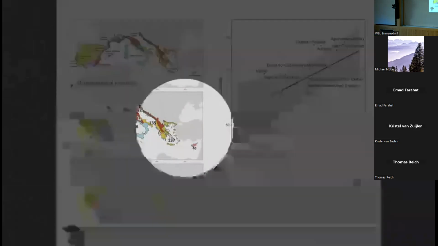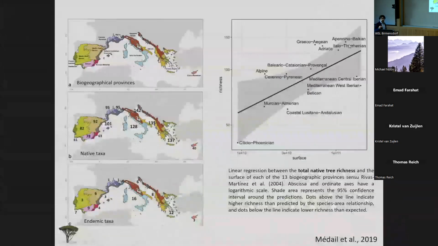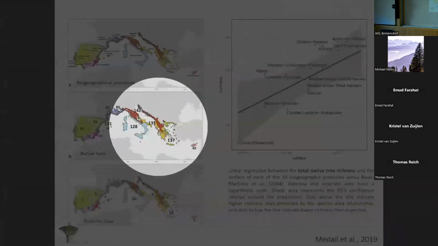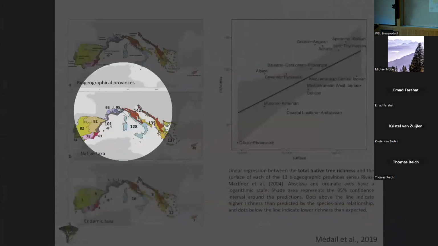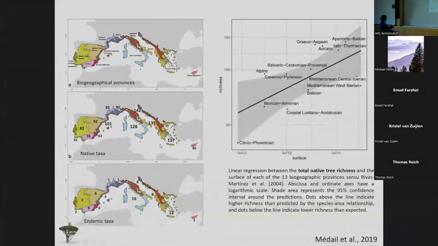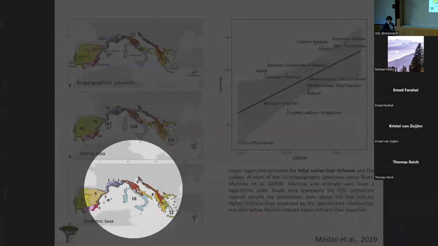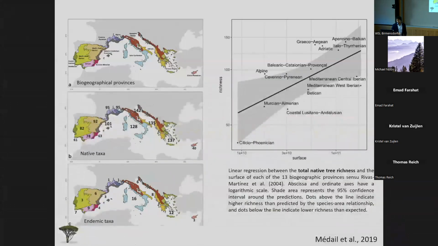Looking at the linear regression, there are areas that host more native tree species than expected. One of these regions is the Apennine-Balkan region, as well as the Italo-Tyrrhenian region. But this also applies to endemic taxa, still woody.